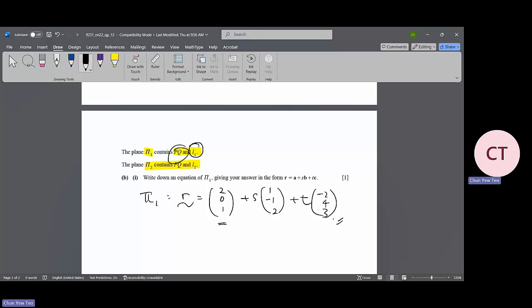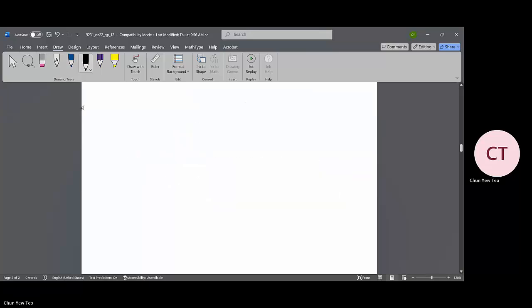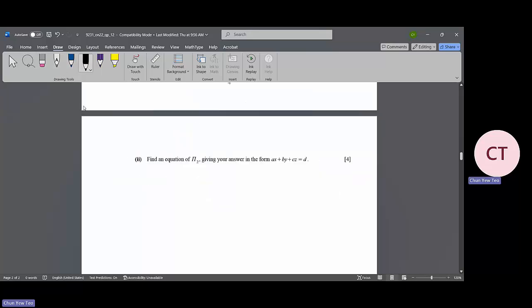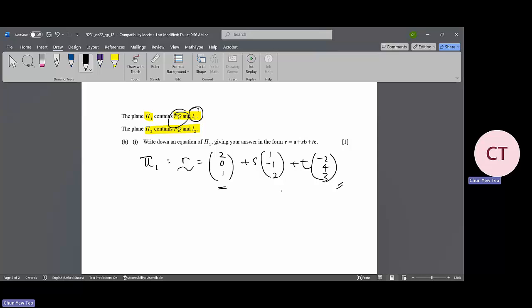Now we want to move on to pi 2. They want you to leave the answer in Cartesian form, so we need to find N2. Similar to pi 1, which was in vector form, you just need to take the cross product to find the normal.